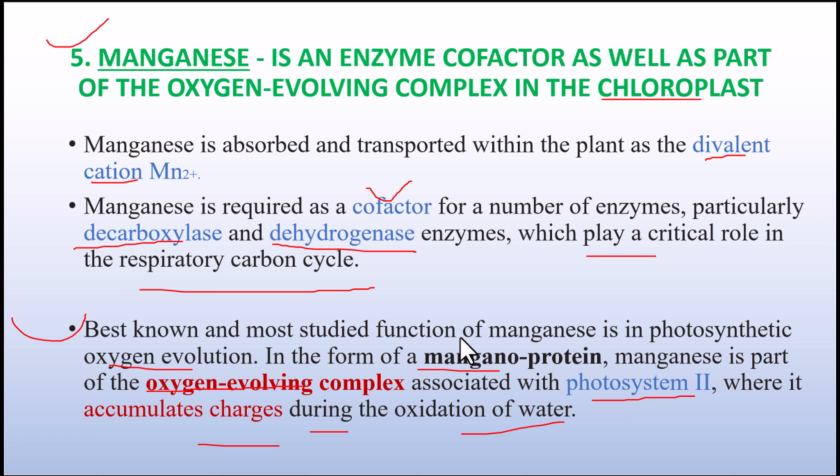During photosynthesis, photosystem 2 continuously absorbs sunlight, and with the help of this sunlight the energy is transferred to the oxygen evolving complex, and this complex breaks down, or oxidizes, the water molecule and releases free oxygen, electrons and hydrogen ions.